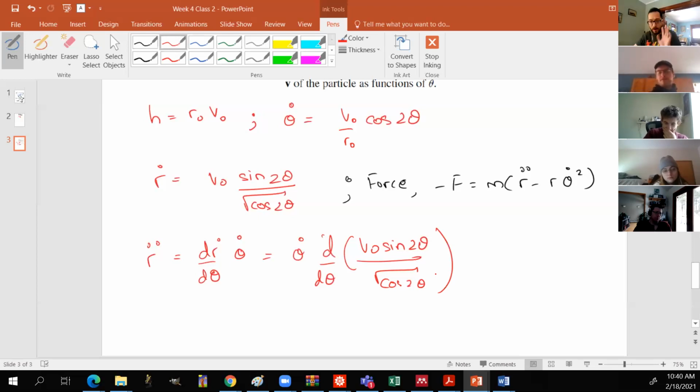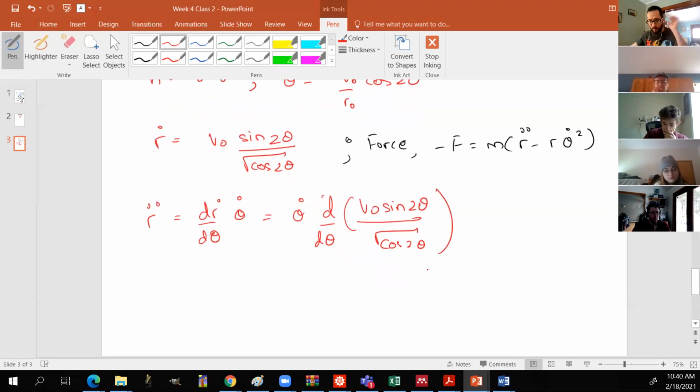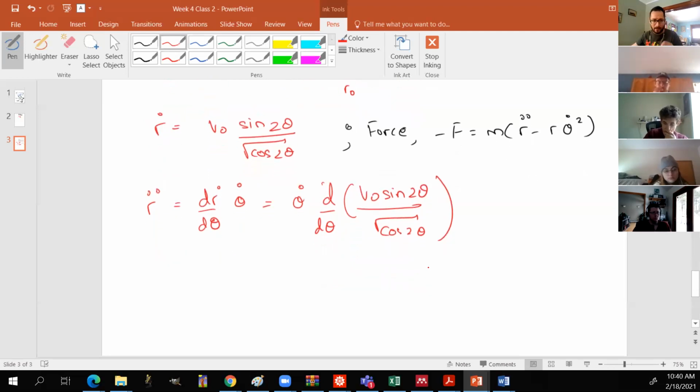Now the differentiation gets a little bit more complicated. If you're not comfortable doing that, Mathematica can do that very easily for you. We've run out of time, so I don't have time to demonstrate that, but use Mathematica to do your differentiation. I know MATLAB can do it as well.